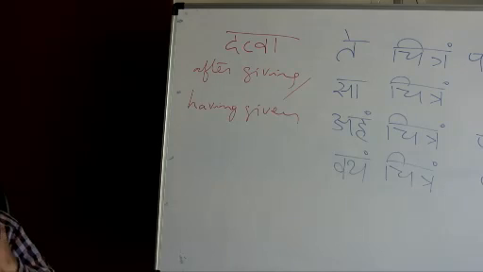Meaning of the sentence is, he takes fruits and gives to his mother. Saha phalani nitva jananyai dadati. He gives fruits after taking them to his mother. So nayati becomes nitva. That is there. Nayati becomes saha phalani nitva jananyai dadati.